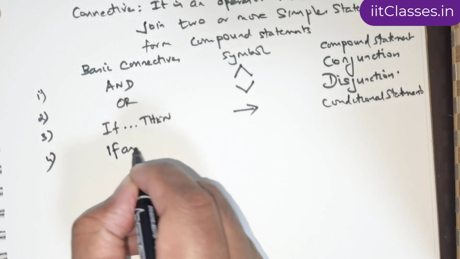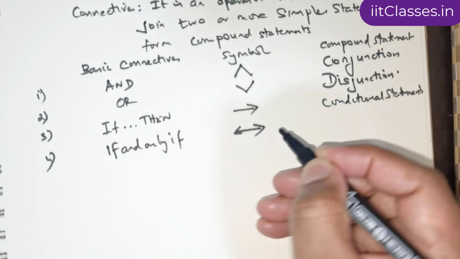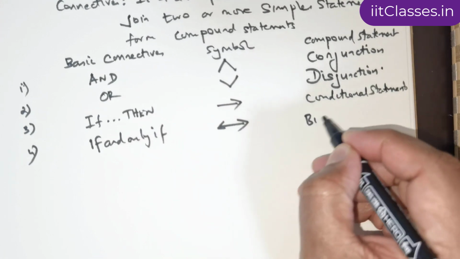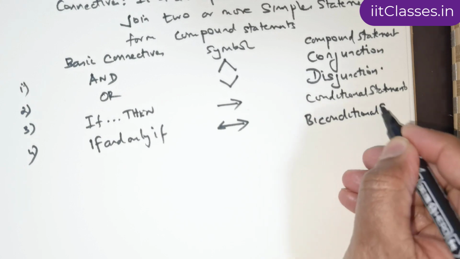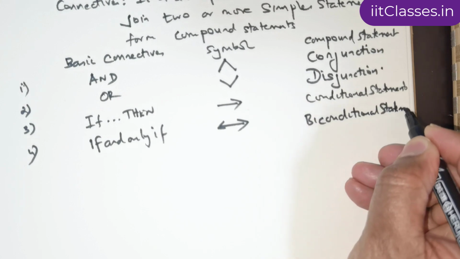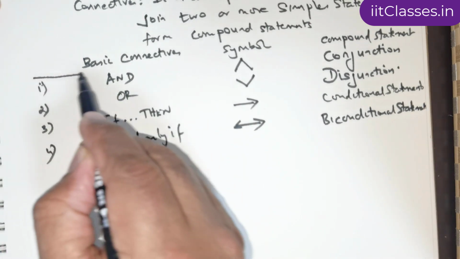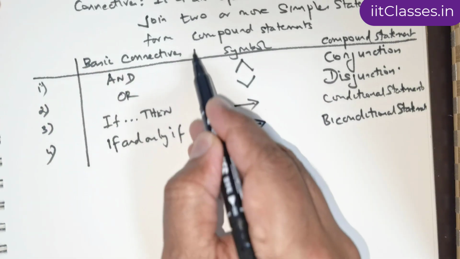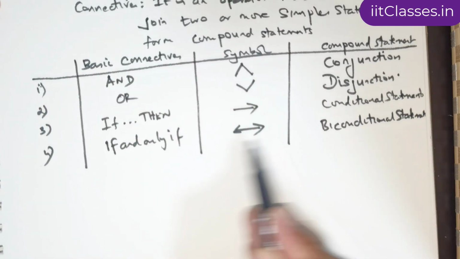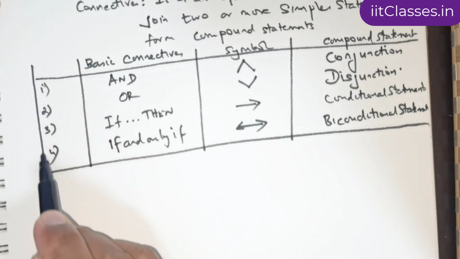It's if and only if. The representation is as follows, and we use it to create biconditional statements. Right, so these are the 4 all-important connectives that we will have to know.